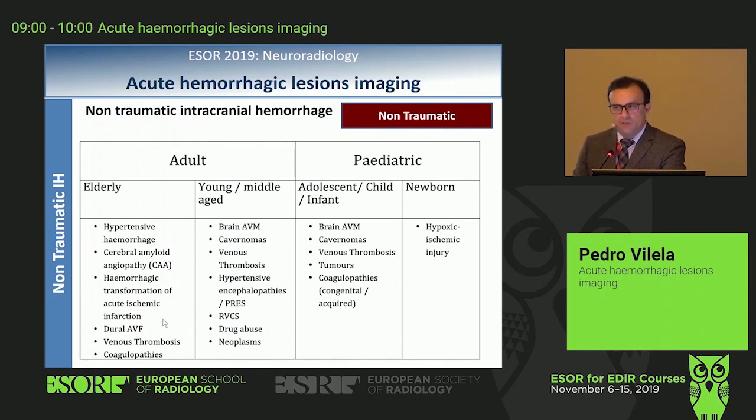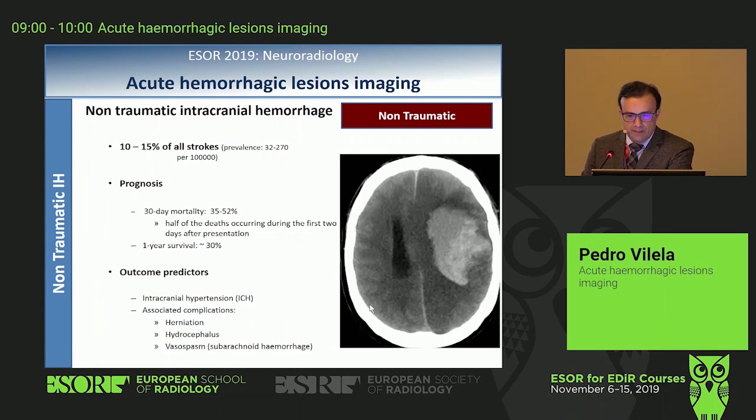Dural AVFs, we are going to see in another lecture, are also more common in older patients, and you think also of coagulopathies. In a young patient, you should think of brain vascular malformation and venous thrombosis. In pediatrics, it's different. Again, vascular malformation, venous thrombosis, and the possibility of hemorrhagic tumors.